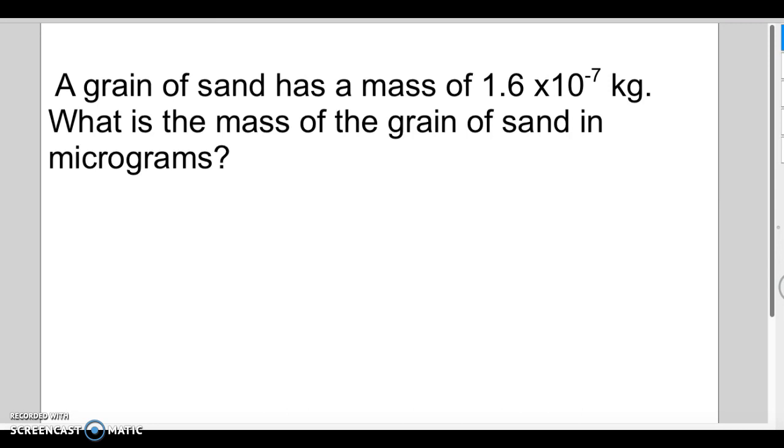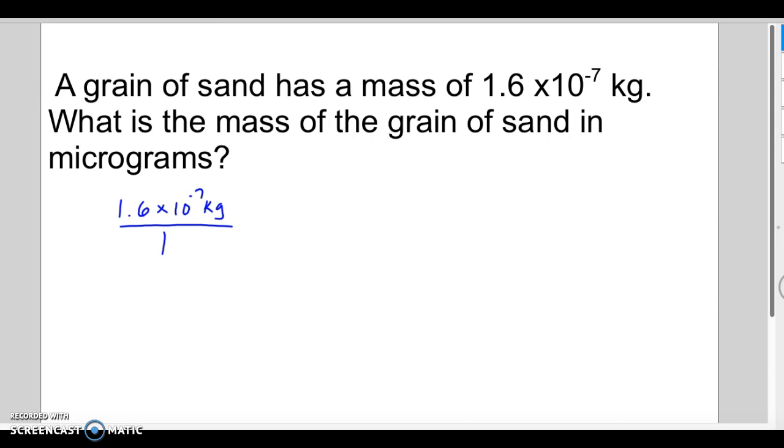So the next example, we are going to use micro, and now we're going to use it in terms of grams. So for this problem, we're starting with a grain of sand, and the mass is 1.6 times 10 to the negative 7th kilogram. So I would write that over 1. And then I'm wanting to go to micrograms.